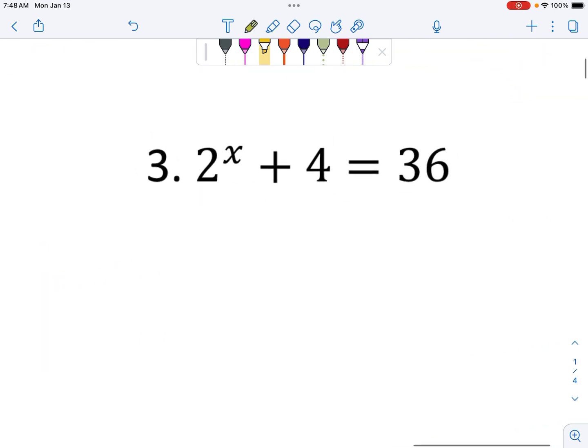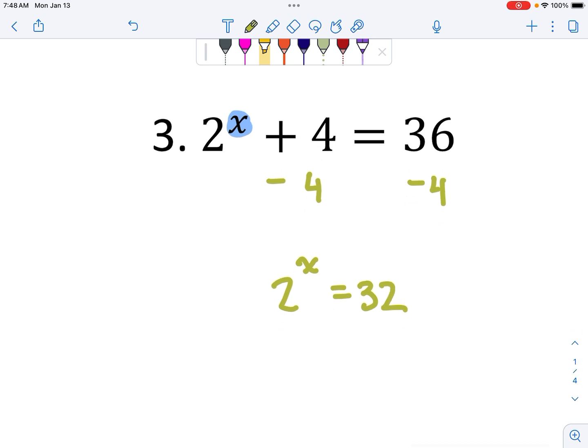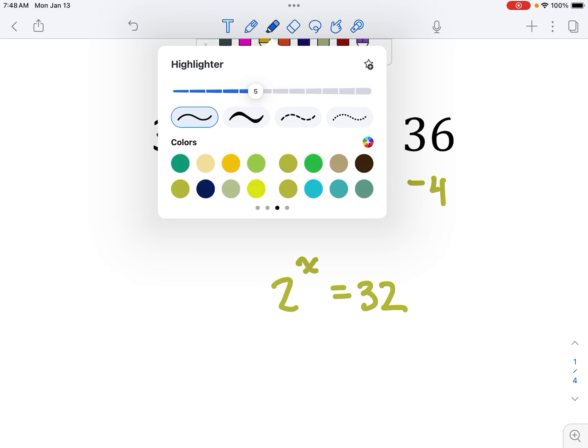All right, number 3, what happens if you have a variable in the exponent? So kind of like the first two, we're still going to subtract 4 from both sides. So 2 to the what is 32? This was a little trickier.